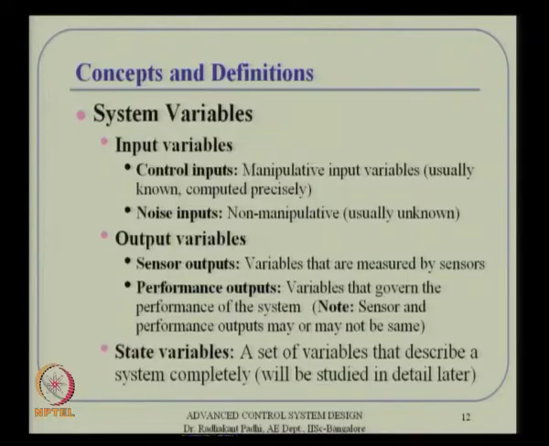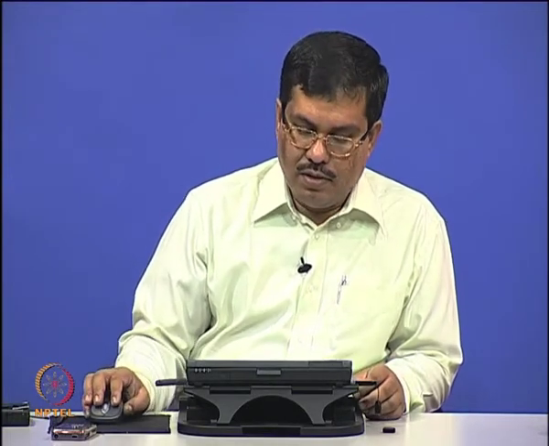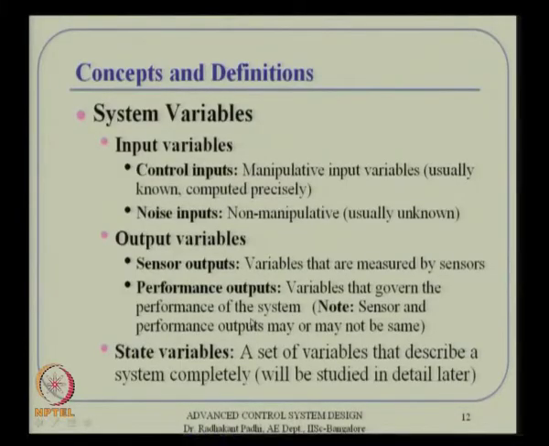The sensor output can remain silent about that, but when you talk about states per se, you really know everything about the system, because the states come from, let us say, physical relationships, for example Newton's law or Kirchhoff's law, or they can come from system identification also. So, there are techniques available to know that, but the whole idea is once you know the state variables, we know almost the entire thing about the system. That is what those variables mean.